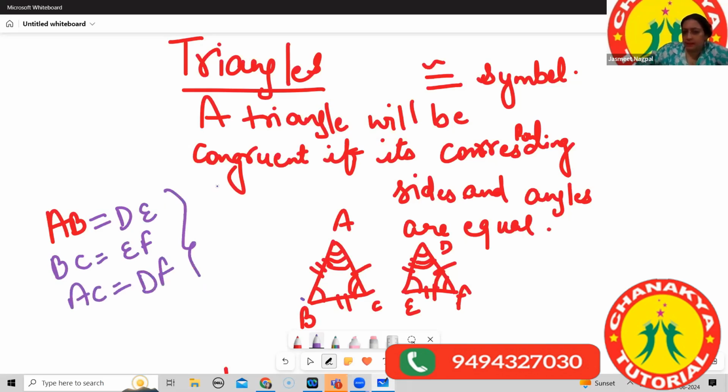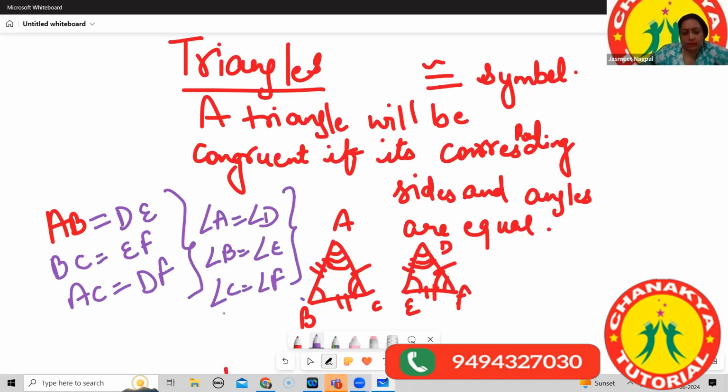These three possibilities are there. Angle A is equal to angle D, angle B is equal to angle E, and angle C is equal to angle F. These three are also possibilities in these two triangles.